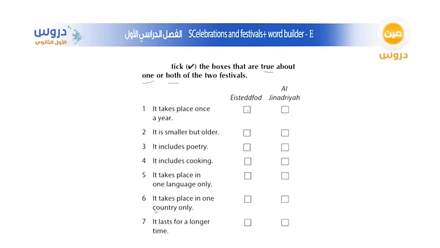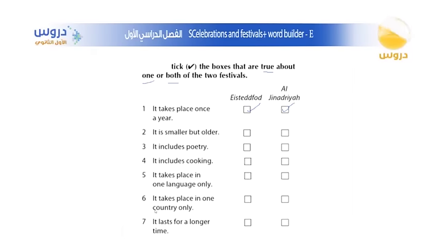You, for example, could have a tick here or maybe a tick here as well. Could be one or could be both. Okay? What about number one? It takes place once a year. What do you think? Is it for Eisteddfod only, or for Al-Janaduriya, or for both? What do you think?